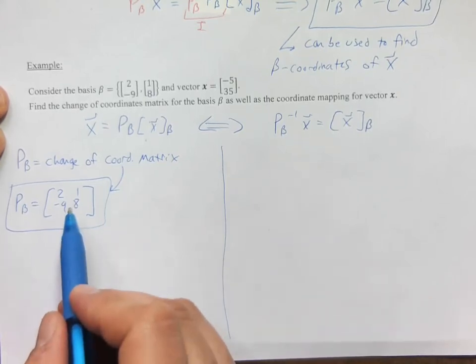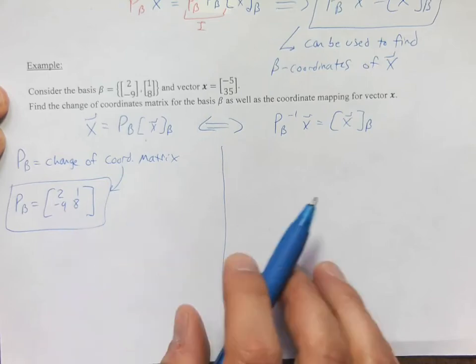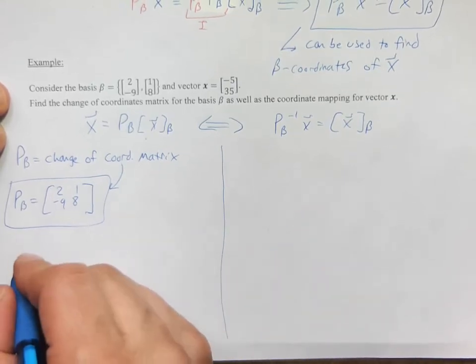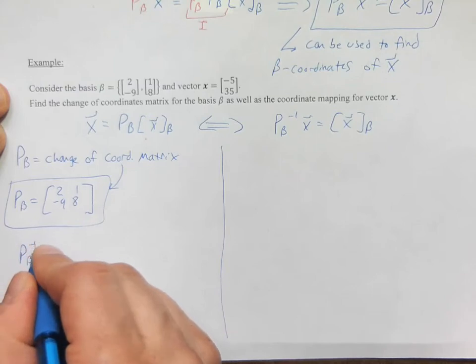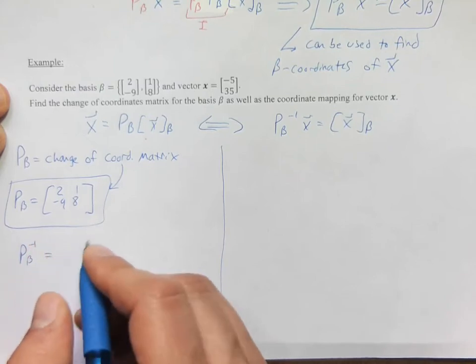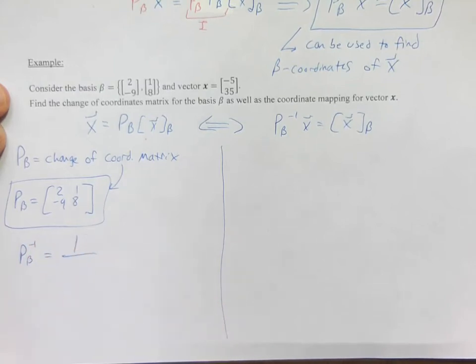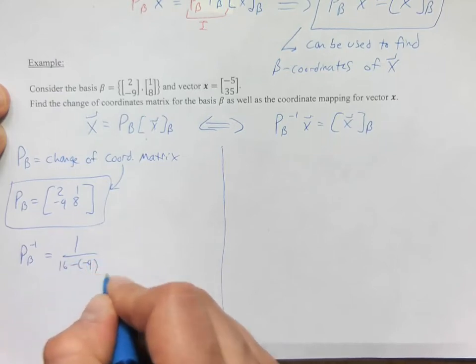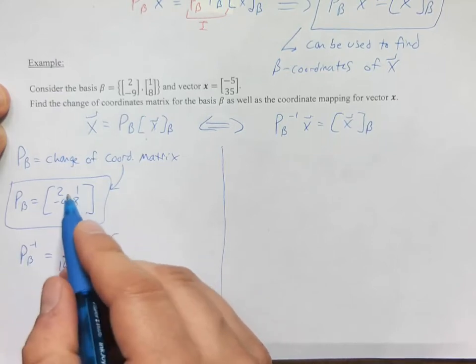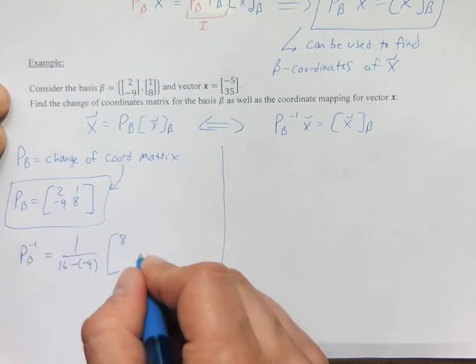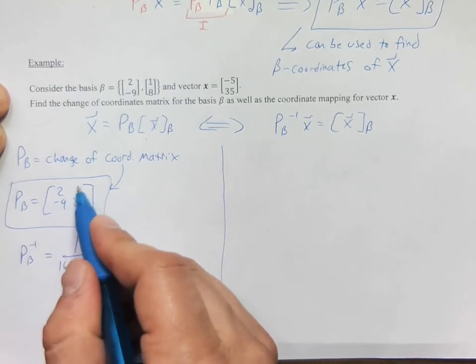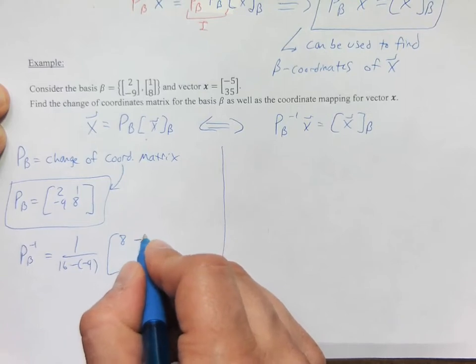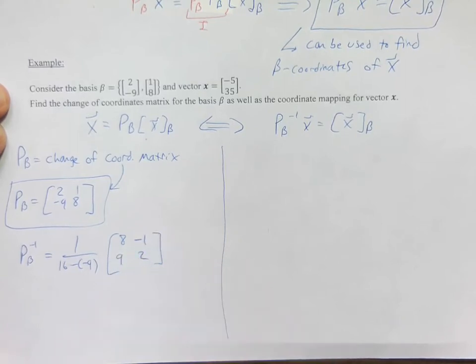This is a 2 by 2, so it's really easy to find the inverse. We have a very easy formula for inverses of 2 by 2s, so double check the inverse section if you need to see this. You do 1 over the determinant, so it'll be 1 over 16 minus minus 9, and then you switch the order of the 8 and the 2, so it becomes 8, 2, and then you switch the signs of the 1 and the negative 9, so it becomes minus 1, plus 9.